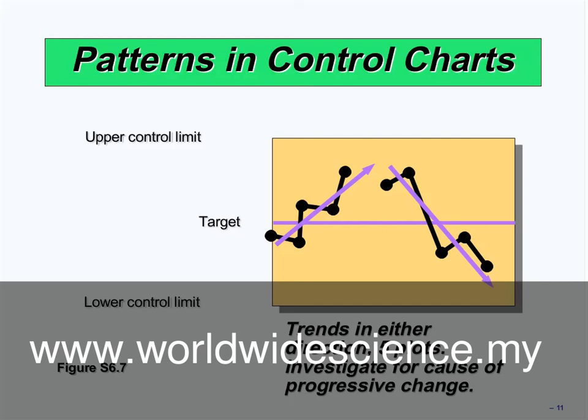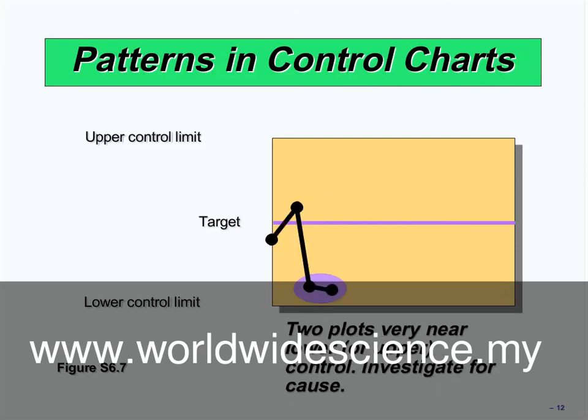If you face a diagram like this, where two or more points are very near to the lower control limit or the upper control limit, no difference, it shows a danger, it shows a risk.